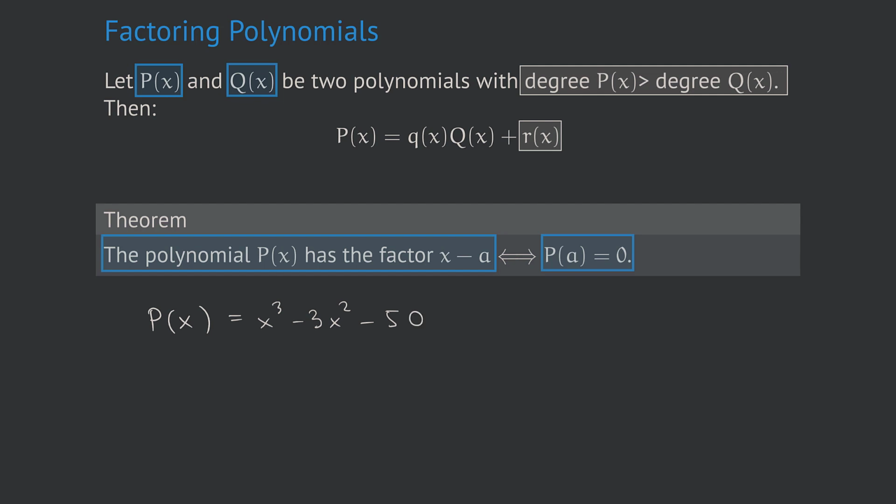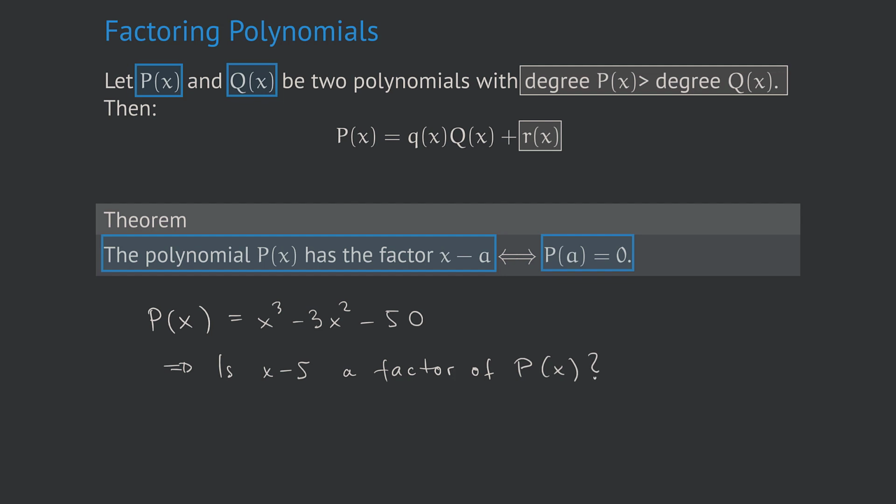Now the question is here, is x minus 5, the linear term x minus 5, a factor of p? Is x minus 5 a factor of p of x?